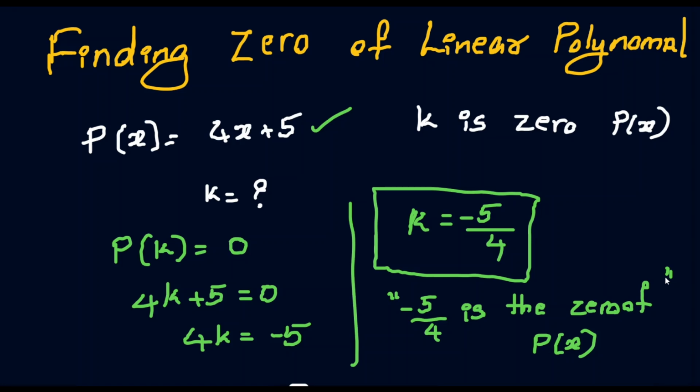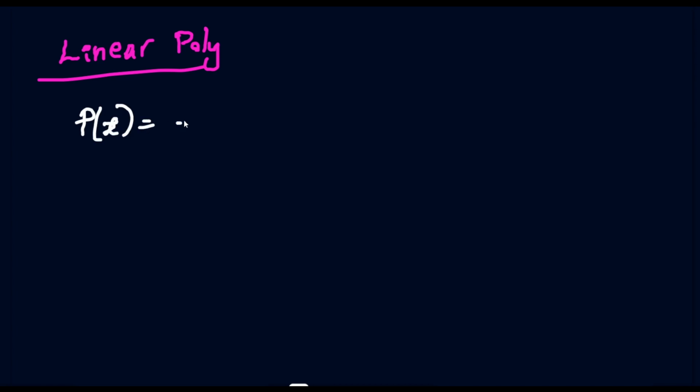So this is how we can find the 0 of a linear polynomial. Every time we don't need to do all these steps, because there is a simple formula to find it. So what is that? Note it down very clearly, guys. It is only for linear polynomials. I'm not saying it will be applicable for everything. So what does a linear polynomial look like? Here, the linear polynomial I have considered is p of x is equal to ax plus b.